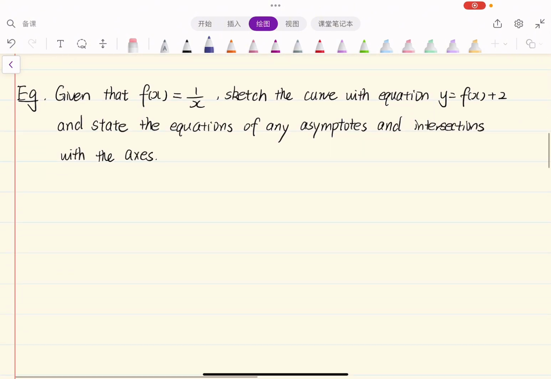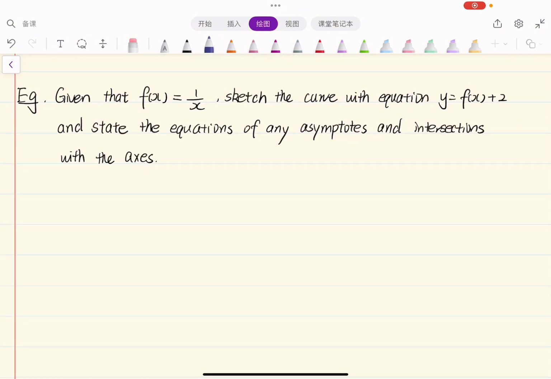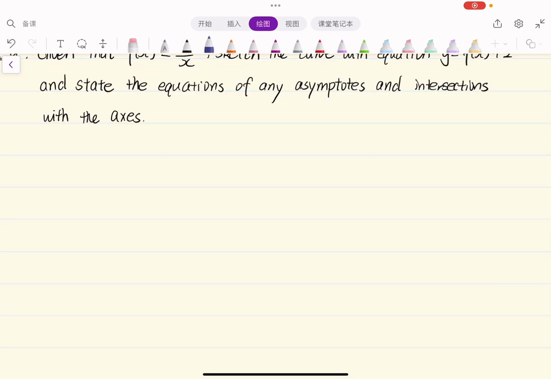Firstly, we need to draw 1 over x, which is in the first and the third quadrant. So 1 over x looks something like that. That is y and that is x.